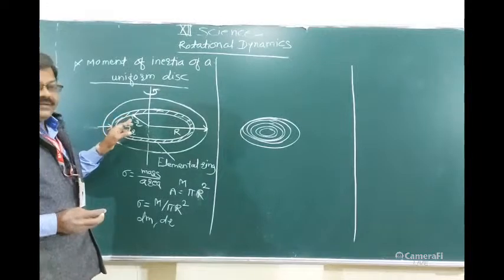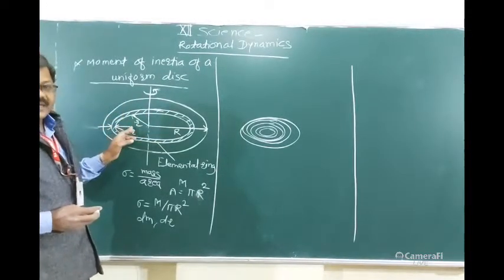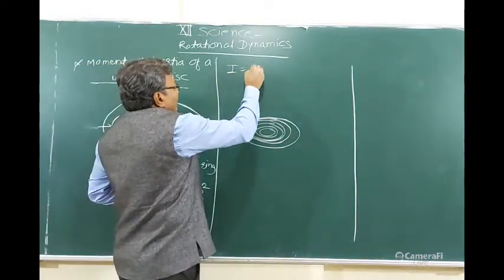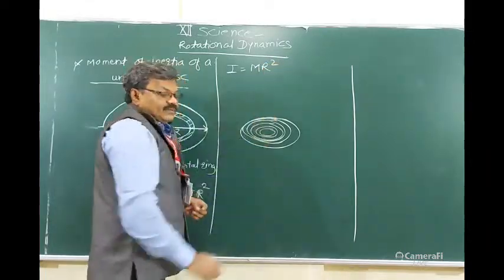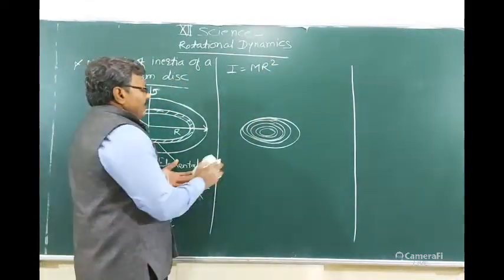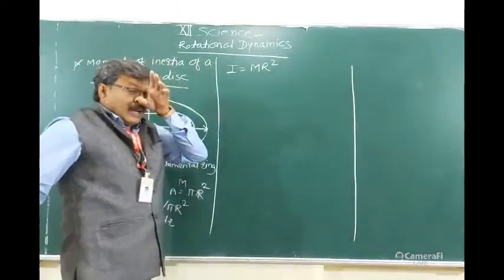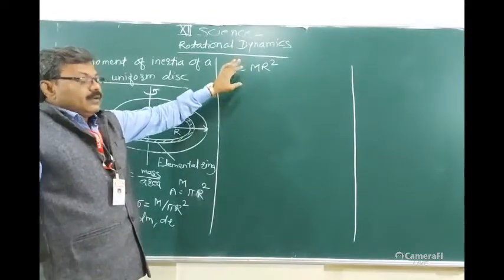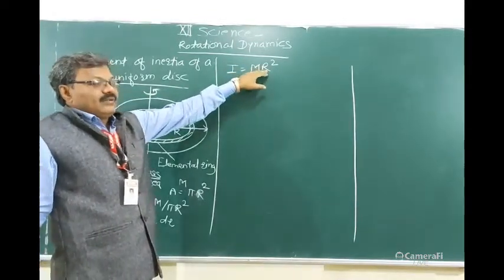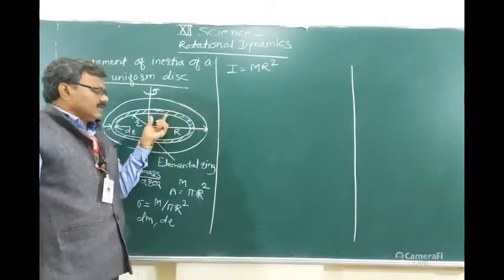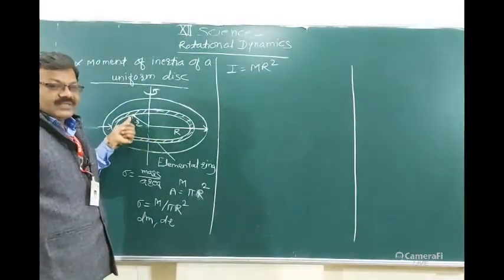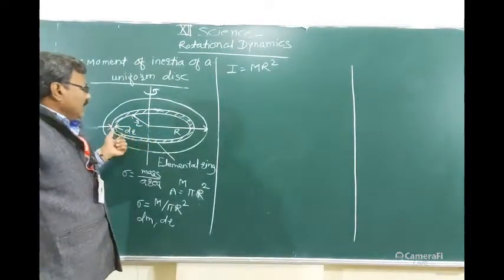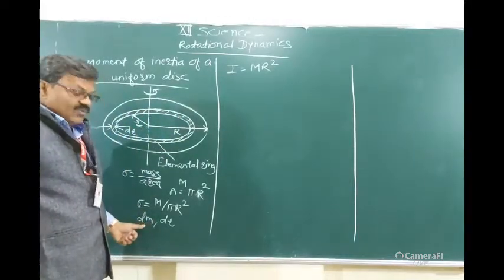From this we can find the moment of inertia of this ring. The standard formula for the moment of inertia of a ring is M R square, in which M is the mass of the ring and R is its radius. But in this case the ring is at distance r from the axis of rotation, and its mass is small dm.